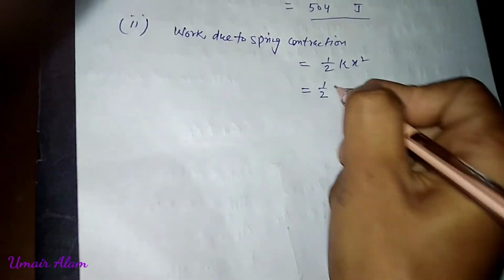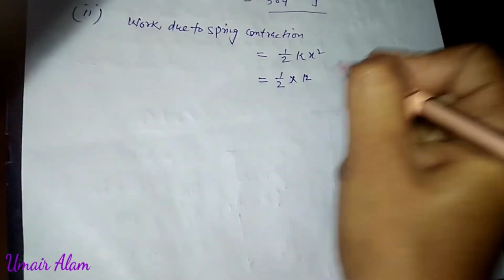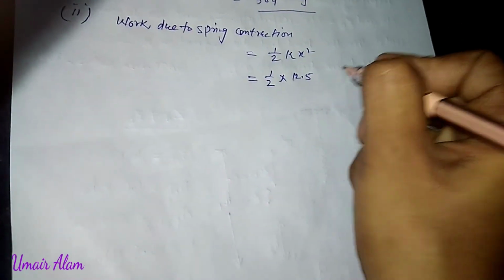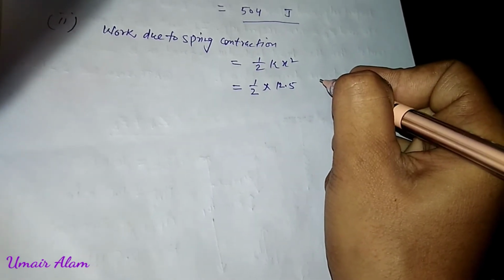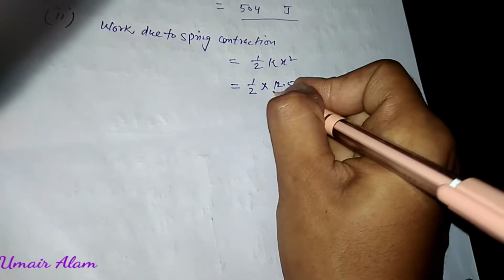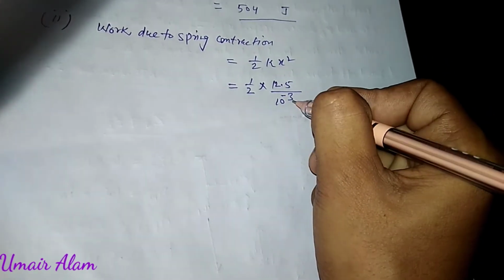So half k, given as 12.5 newton per mm, we convert into newton per meter, which is 12.5 into 1000.